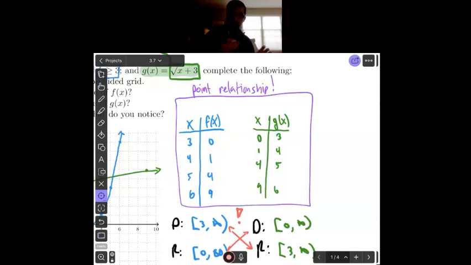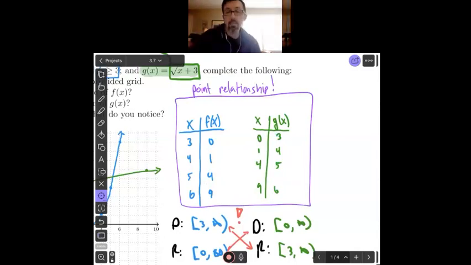Okay, direct translation every single time. I guess it's not direct, but right, inverse translation every single time. So if I know the points that are going to give me f of x, then I can very easily find the points for f inverse. I don't have to do a whole bunch of work. Okay?